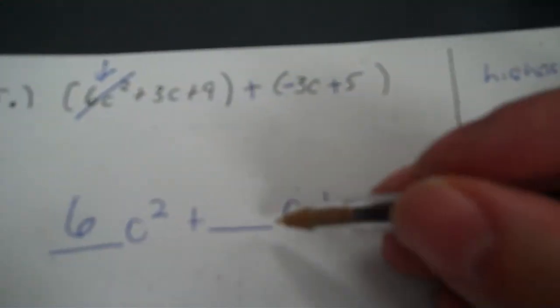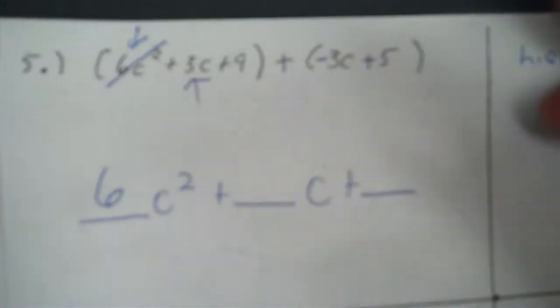So that's a 6. For regular c's, I have a 3 and a negative 3. Now, 3 plus negative 3 is 0. So if you got a 0, you take that term out. Okay. And then 9 plus 5 is 14. So 6c to the second plus 14.